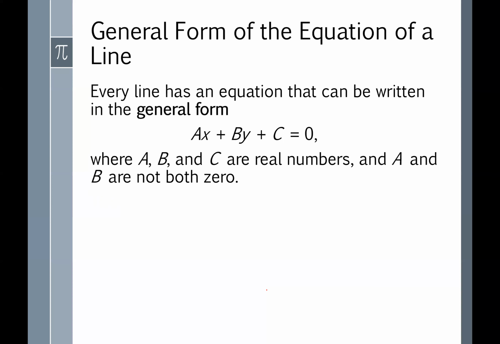So if we take a function and we put everything on the left-hand side and get 0 on the right, that is general form. Now, it's not particularly helpful, except if I take the C and move it over here to the right-hand side, I can use this equation to graph using intercepts. It's very, very easy to do. And this is my favorite method for graphing the equation of a line.